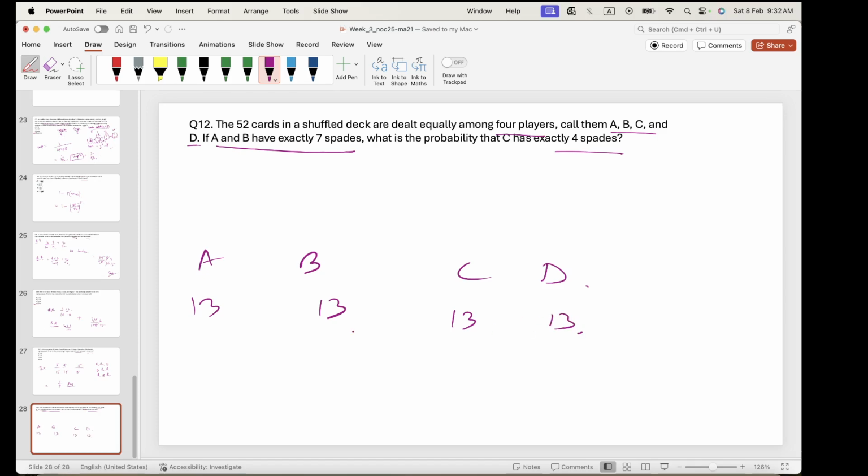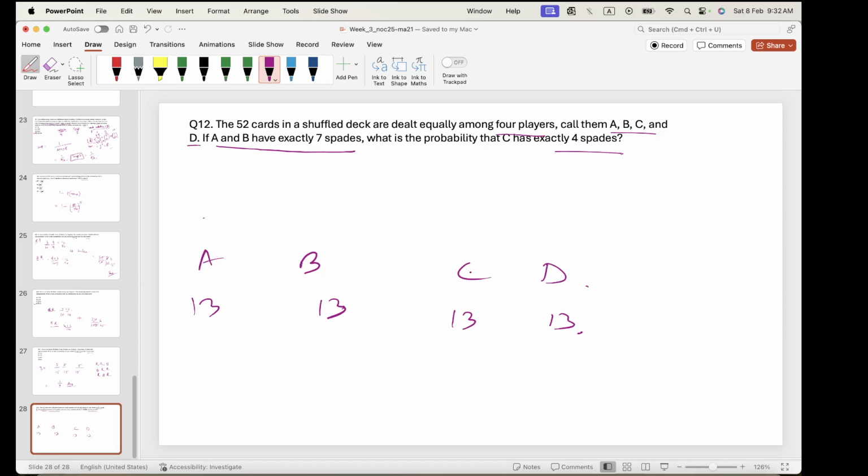Now A and B have exactly 7 spades. So A has 13 cards, out of which exactly 7 are spades. B also has 13 cards, out of which exactly 7 are spades.